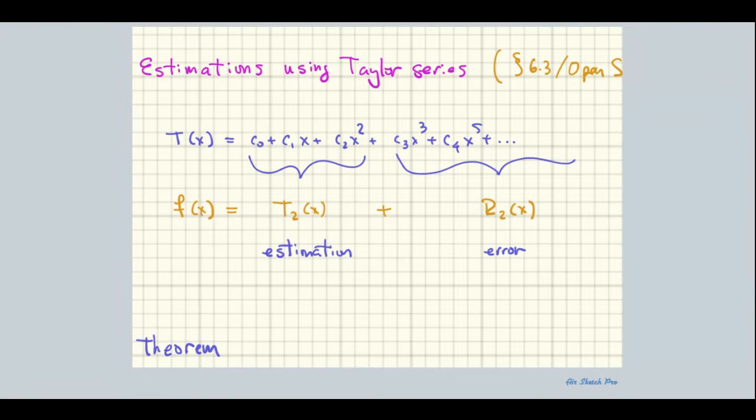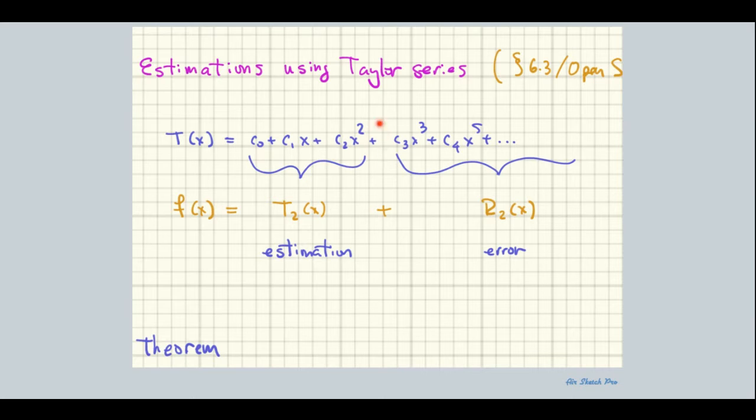That represents these three terms added together, the second order approximation, the second partial series. Those three terms are the second partial series, which I label T sub 2, the second Taylor polynomial. It involves all the Taylor series up to power 2.